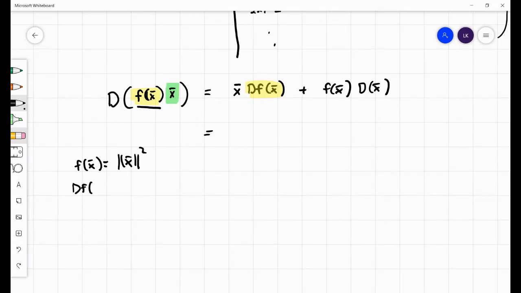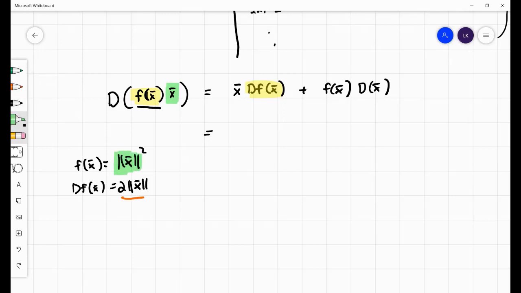So the derivative of this function, if I use the chain rule, is the derivative of something squared times the derivative of the thing that's being squared.